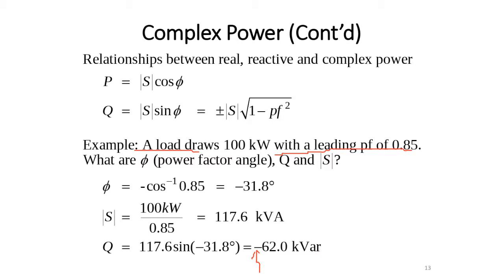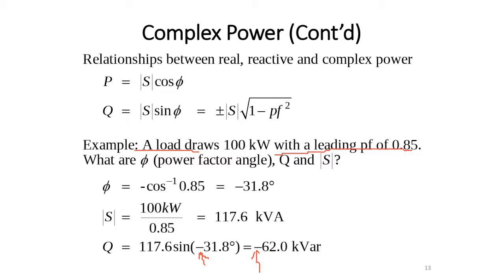Okay, good. So when you see the terminology here is load, and this is a leading power factor, it means that the current is leading the voltage, then you will put the negative here. Although it will not come negative in your calculation, it will just give you a number, because you will say cosine inverse of 0.85, for example, and then Q is S sine. But you put the negative here. How do you know this is negative? Here, negative 31 is the angle of this one because of the leading.